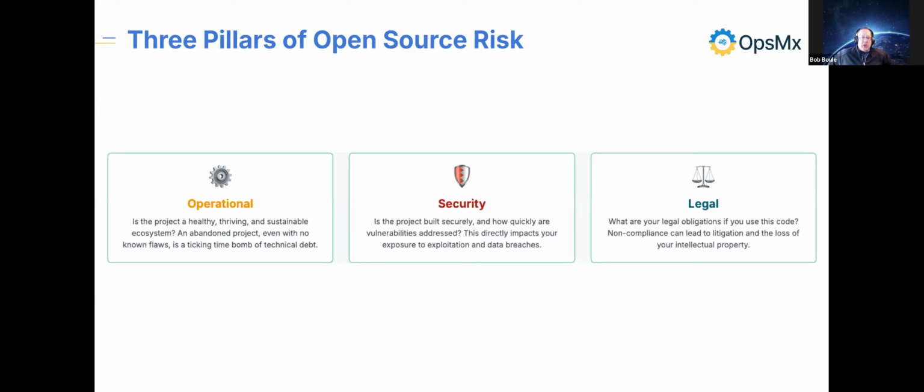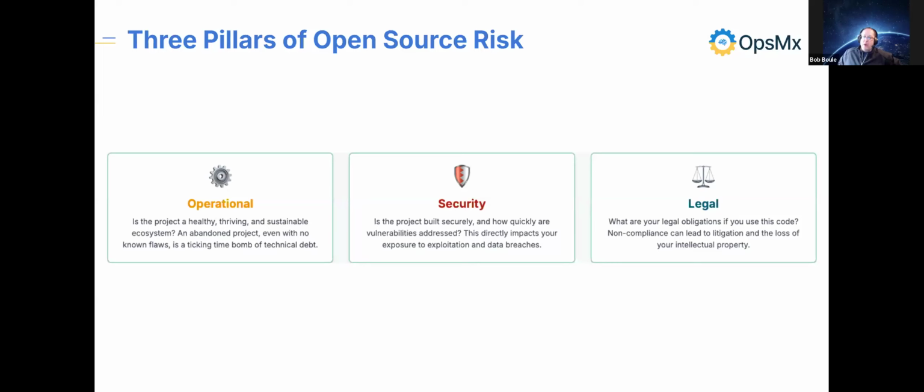And so when we start thinking about how we measure open source risk, there are three main pillars. One is operational risk. This is really about how healthy is the project that I'm using? How vibrant is it? Are there a lot of people using it? Are there a lot of people contributing to it?